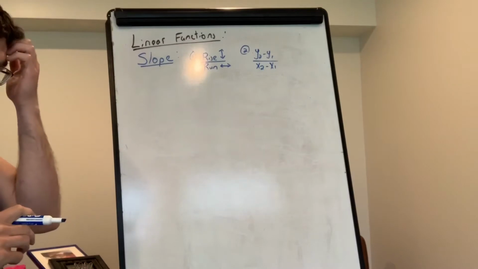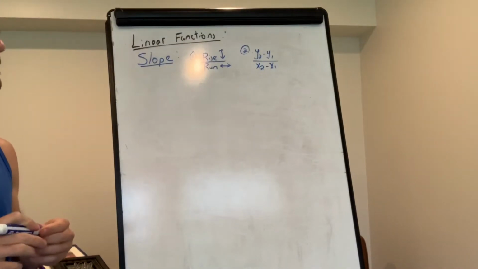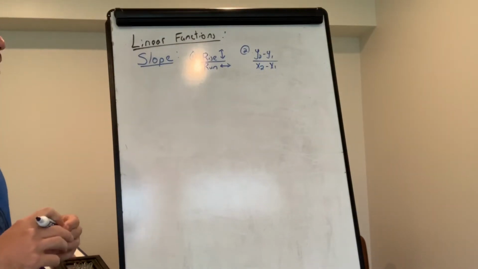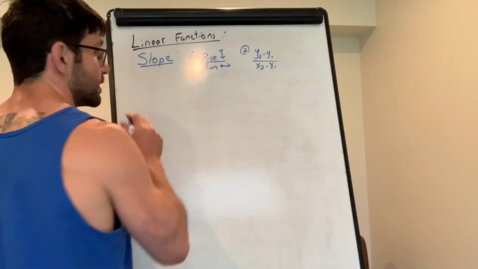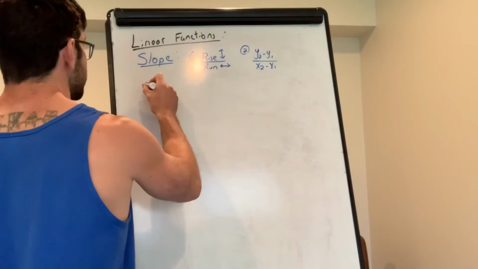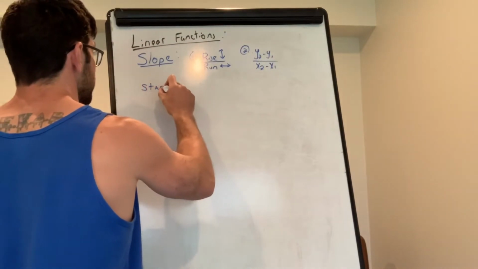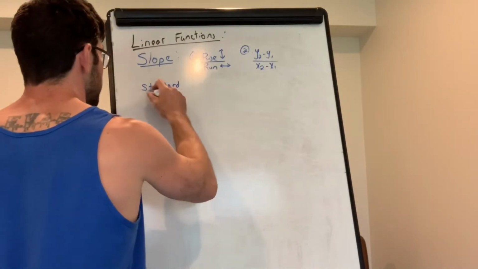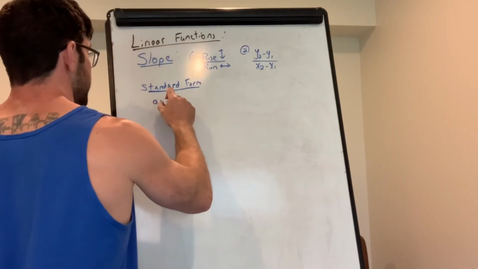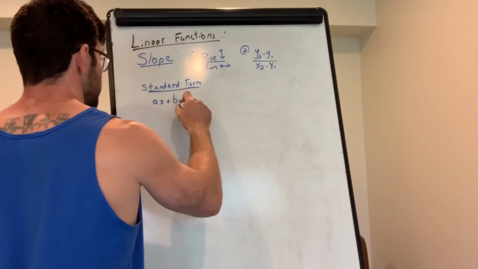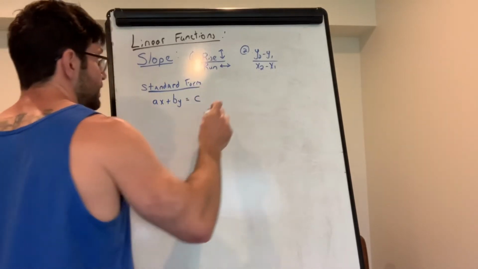Now, neither of these give us an equation. There are three different types of equations that whoever your algebra teacher is going to talk about next year for linear equations. There is standard form, which is ax plus by equals c.